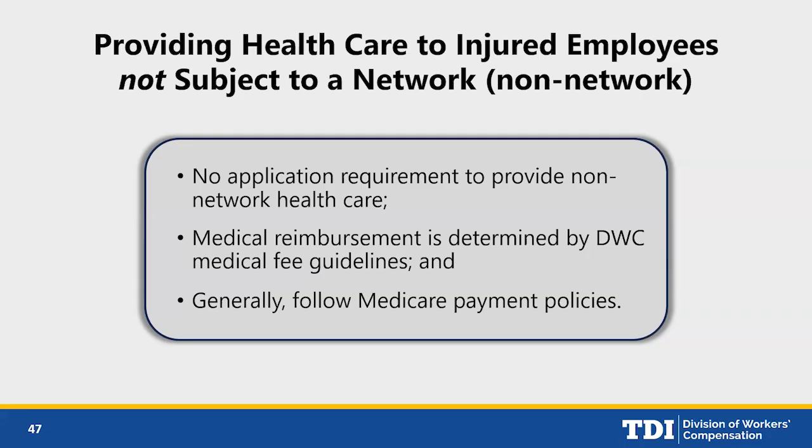Medical reimbursement is determined by our fee guidelines. And I'll just do a little commercial here for professional fees for non-network. That means, let's see, in the office, professional fees is paid at 217% of Medicare in 2025.